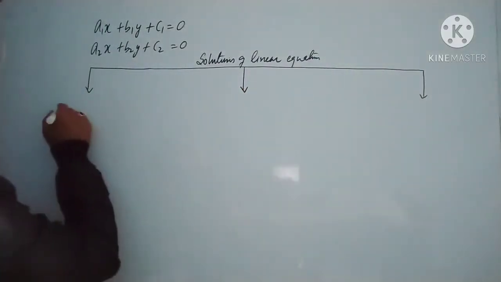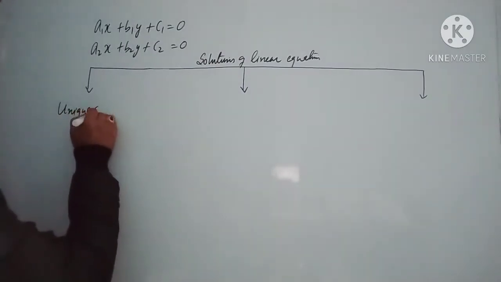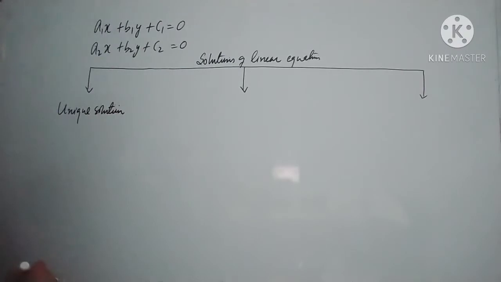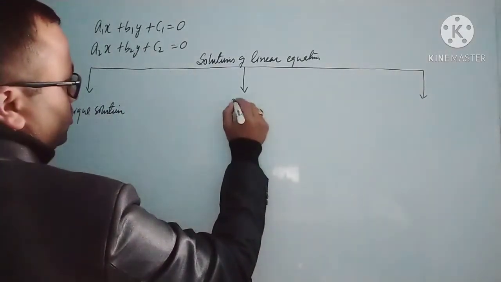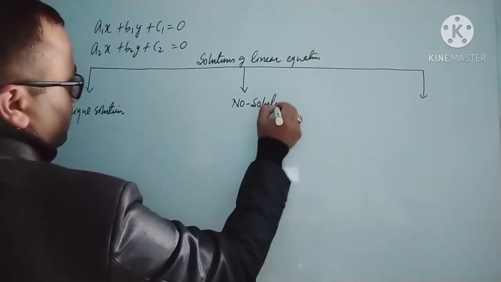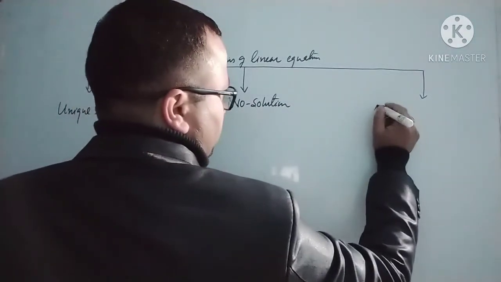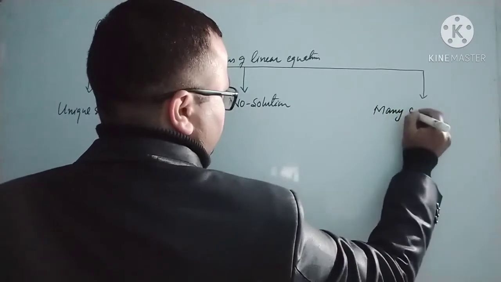One is a unique solution. Next is no solution. And the last one is infinitely many solutions, or simply we can say many solutions.